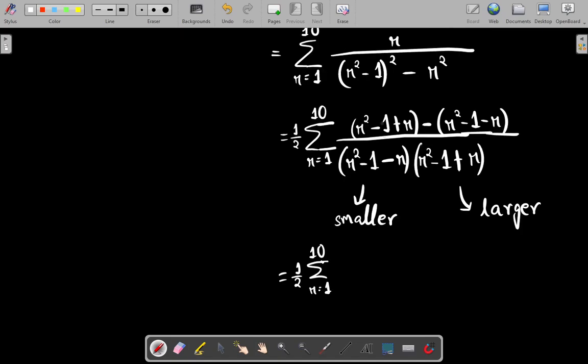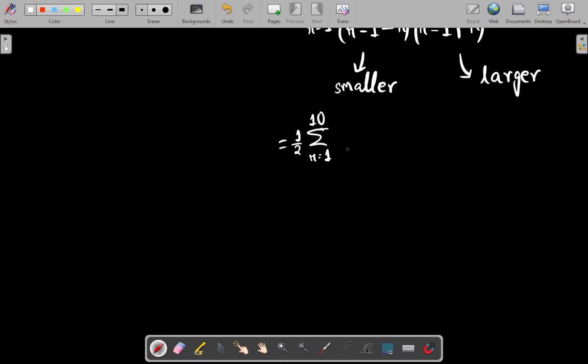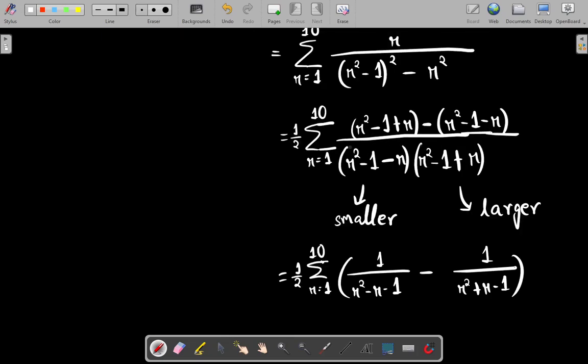On separating these fractions, we get 1 upon r square minus r minus 1 minus 1 upon r square plus r minus 1, right?